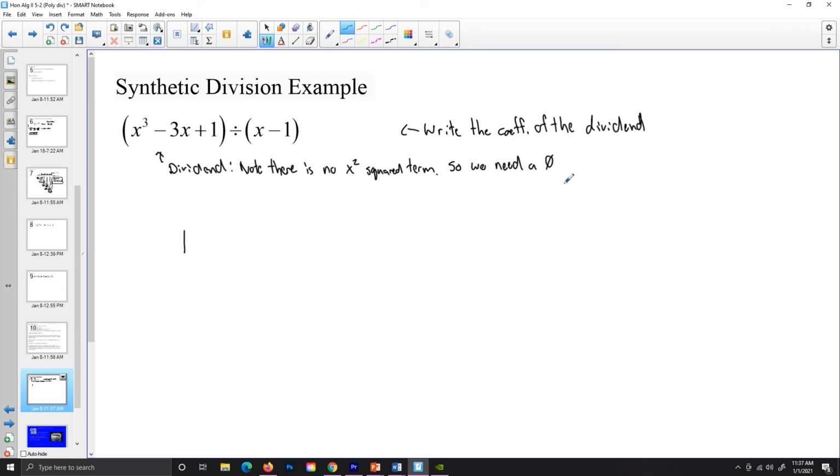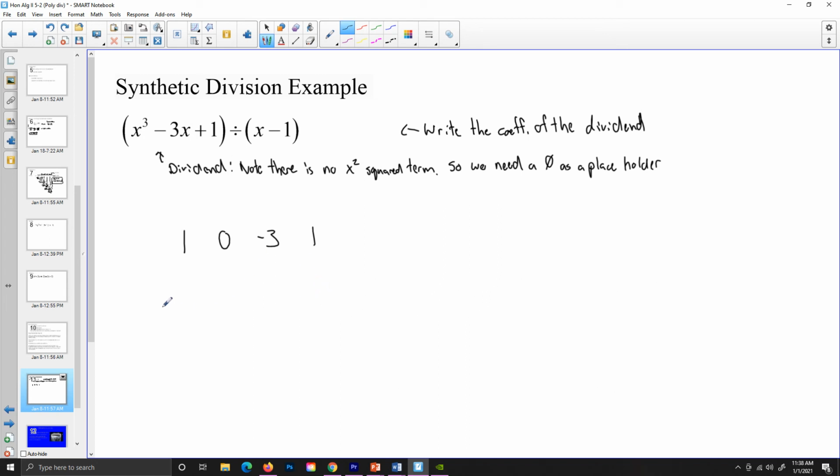I'll put a line through it so you don't think it's an O, as a placeholder. So I have this 1 for the x to the third, a 0 for the x squared, a -3, and then a 1.